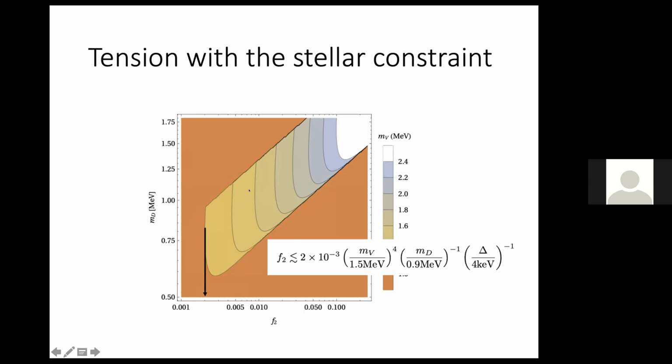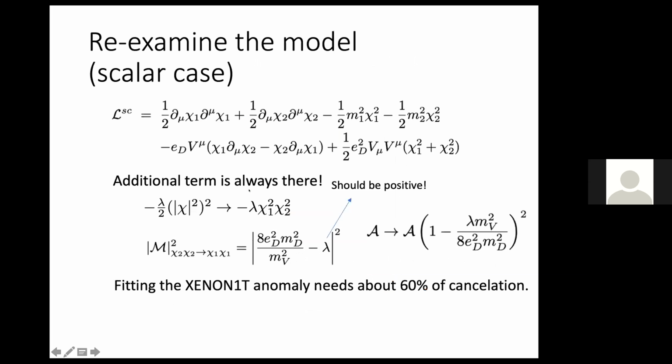But this is the case for the simplest model. So how do we solve it? Remember, we have another term, the self-interaction term of the dark matter particles in the scalar model. For the stabilization of the vacuum, this lambda must be positive.